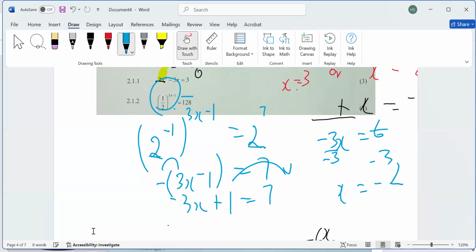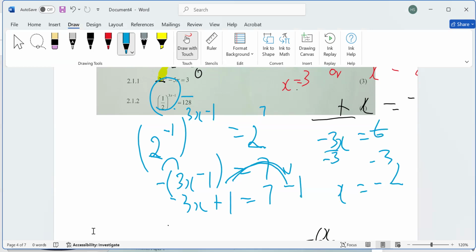Is it positive 2 or negative 2? It's negative 2. Why positive? Actually, we took this one, it became minus 1. Yes. And then we have 7 minus, then we have positive 6. Then we have 3 and 3.